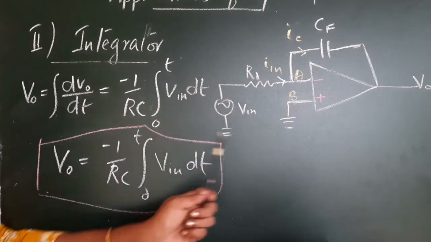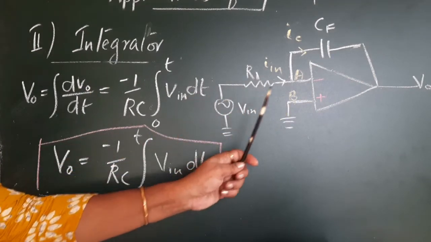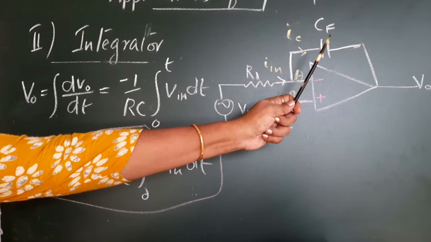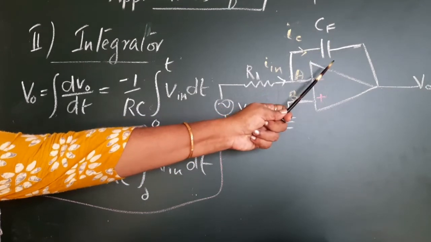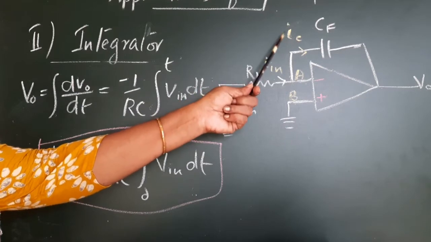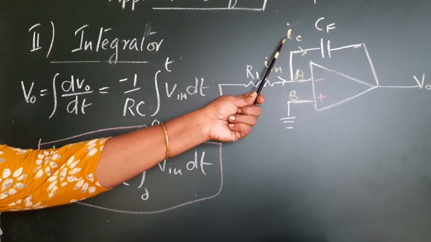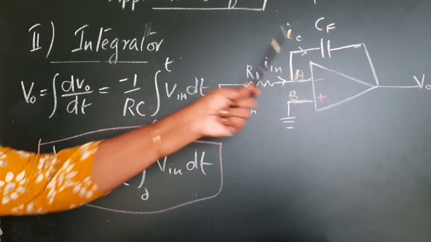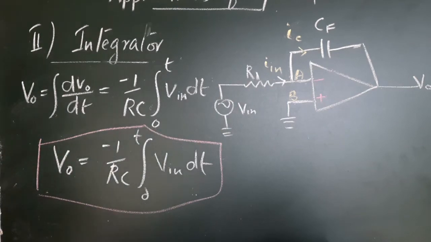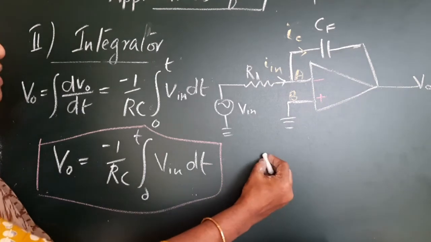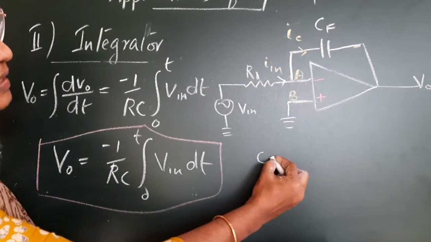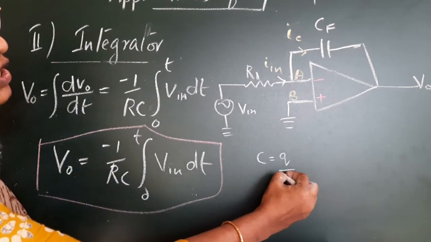So we'll just brush up once again. Here what we have done is the feedback component RF was replaced by CF. So we replaced the direct current capital I with the alternating or varying current small ic. We got an expression for IC that we started from the basic concept that C is equal to dQ by dV.